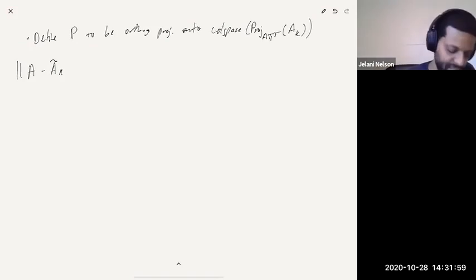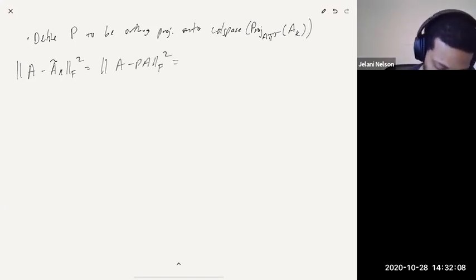So what we're looking at is this. Which I can write as A K minus P A K Frobenius norm squared plus A K bar, I'll call it, minus P A K bar Frobenius norm squared.